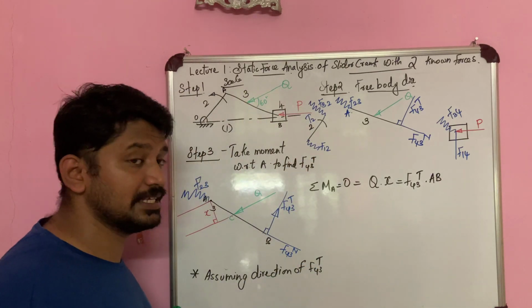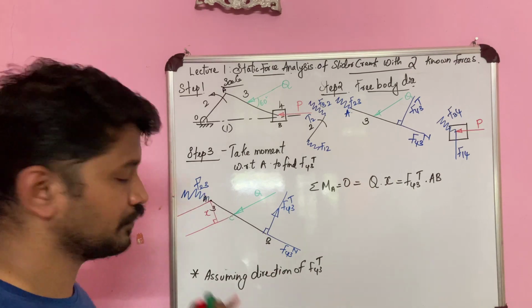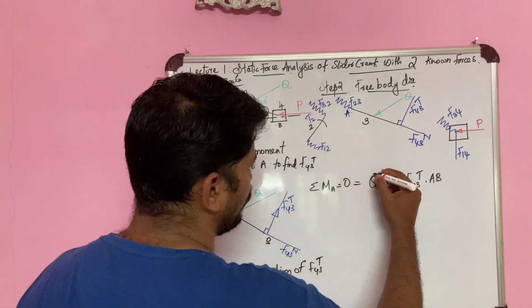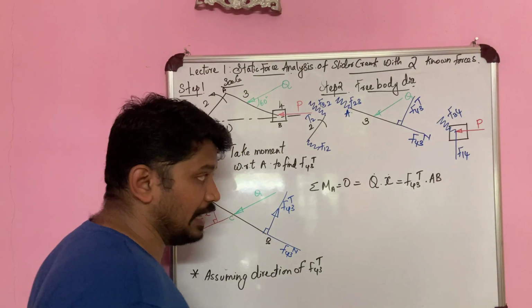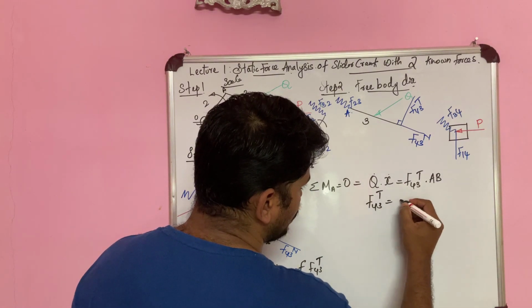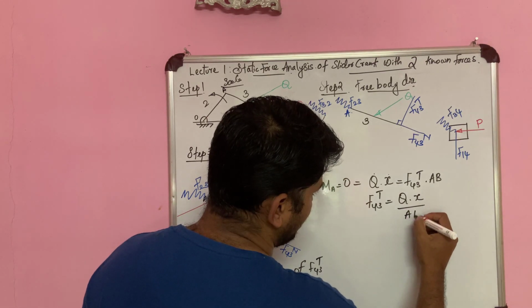AB is the perpendicular distance of F43T from A, or the length of the link AB. Right, so I know the value of Q, I can measure the value of X, and I know the value of AB. So the only unknown is F43T. So F43T is equal to QX divided by AB.